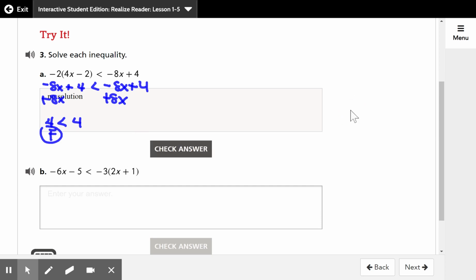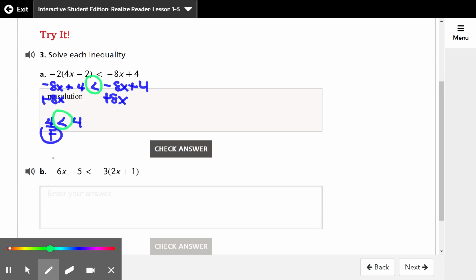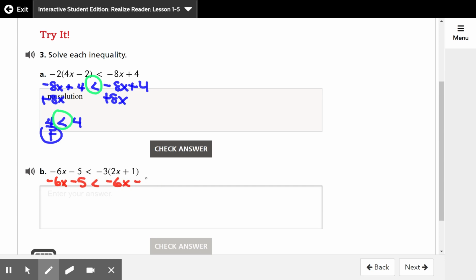So you cannot stop and say, oh, the same is on the left and the right, because at the end of the day, this inequality is going to lead us to the answer. So 4 is not less than 4. It's the same number. So you just have to be very careful there. All right, negative 6x minus 5 is less than negative 6x minus 3. Once again, you can't stop and look at this.